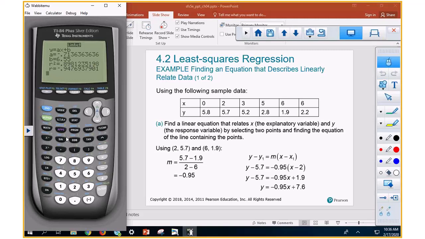Now we're going to take our handy dandy second, y is equal. Hit enter. Enter. And graph. Now we're going to type in y is equal to negative 0.71x plus 6 point what? And you feel good about yourself.